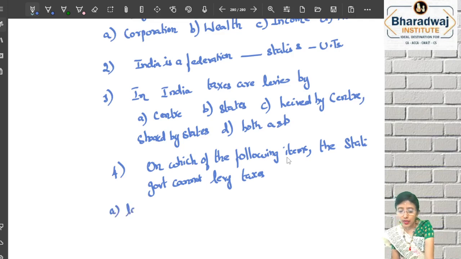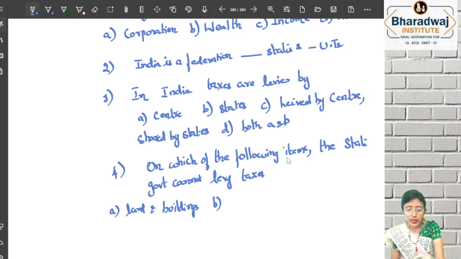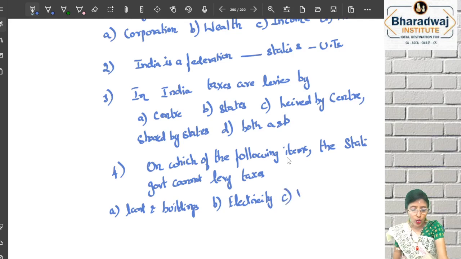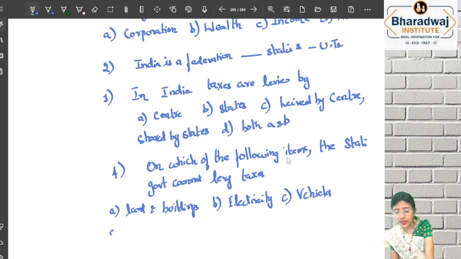A. Land and buildings. B. Electricity. C. Vehicles. D. Capital value of assets.